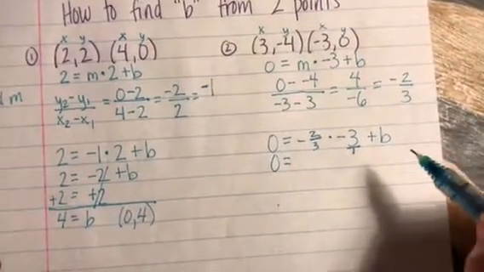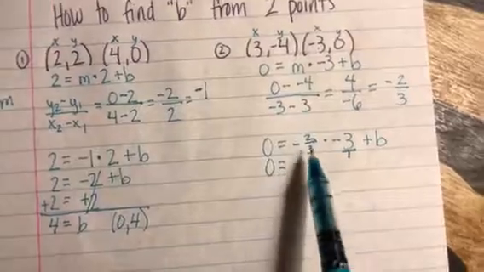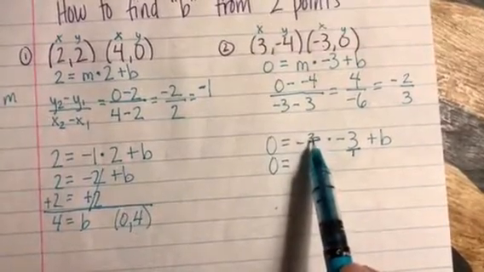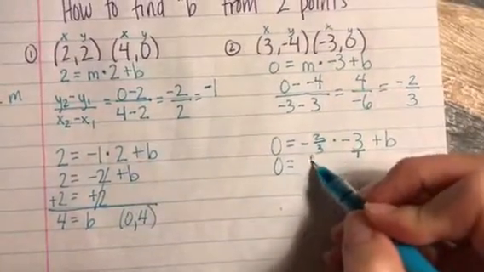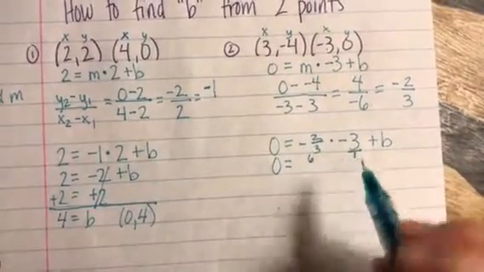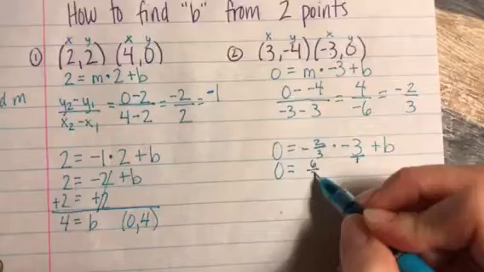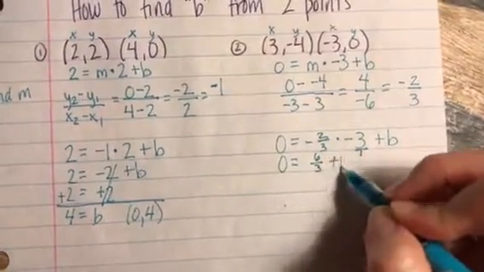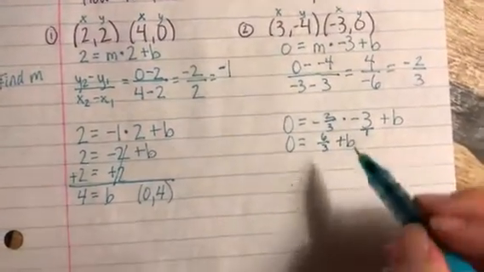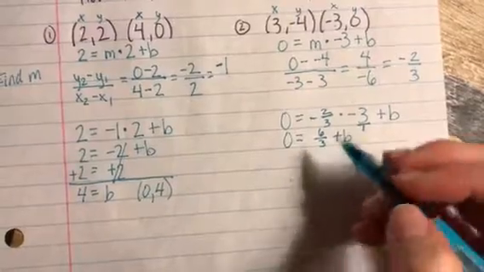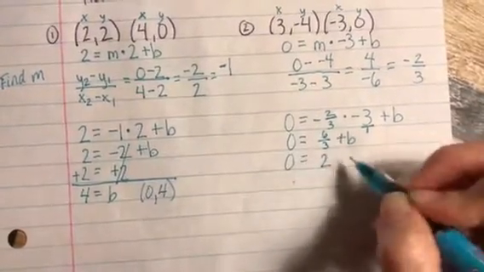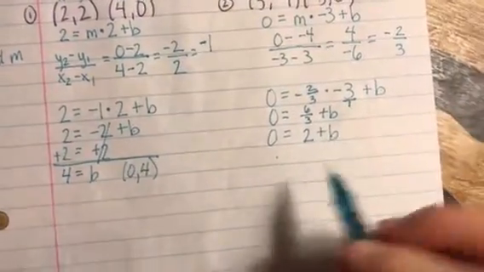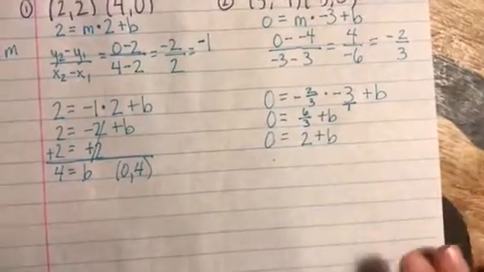And multiplying fractions is the easiest fraction operation because you just multiply straight across the top and straight across the bottom. 2 times 3 is 6. 3 times 1 is 3 plus b. Now 6/3 I can simplify to be 2. 6/3 is equal to 2. So I have 0 equals 2 plus b.